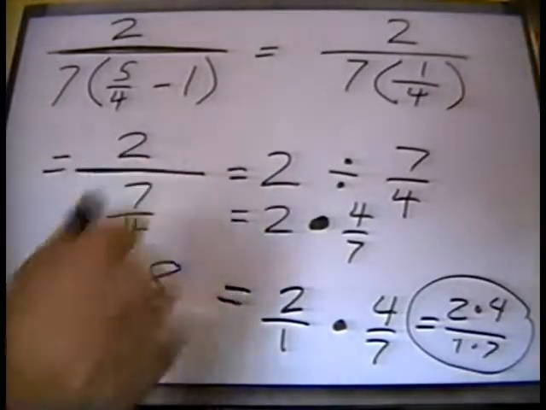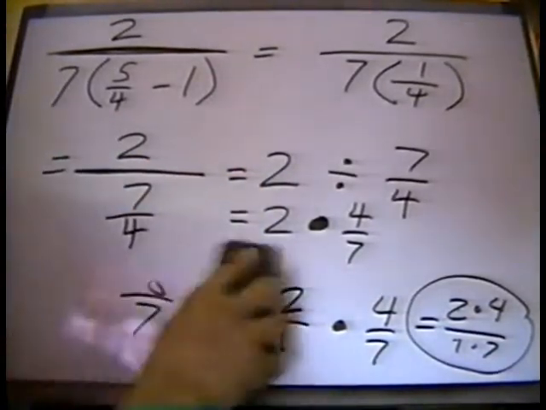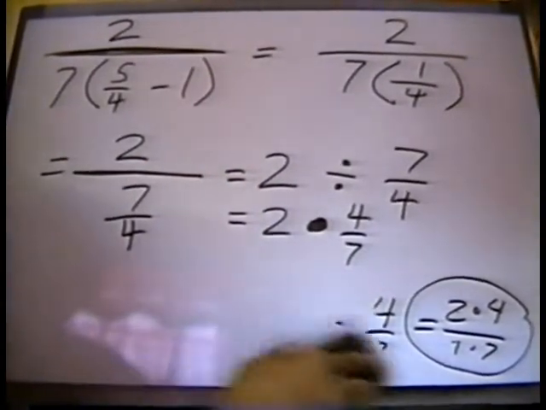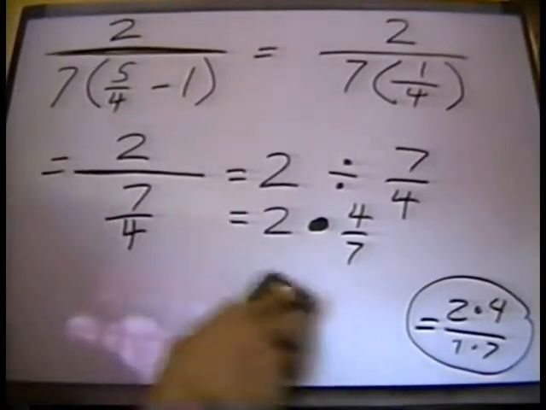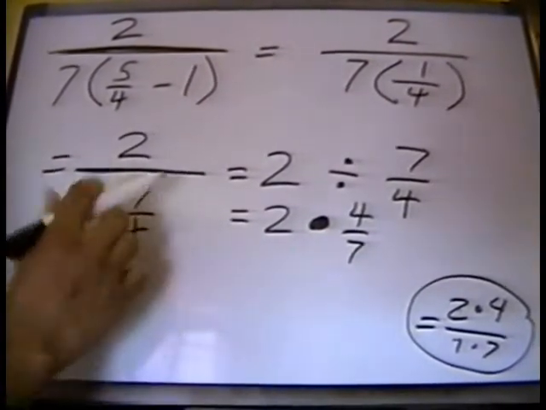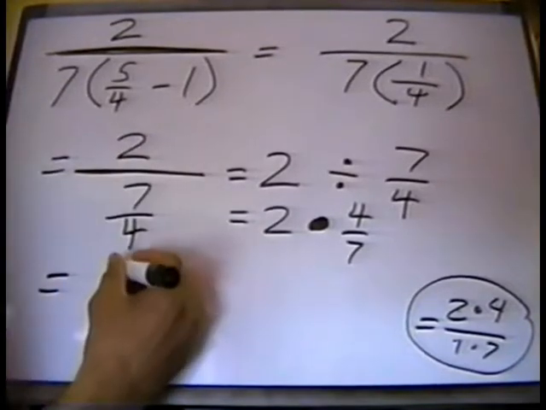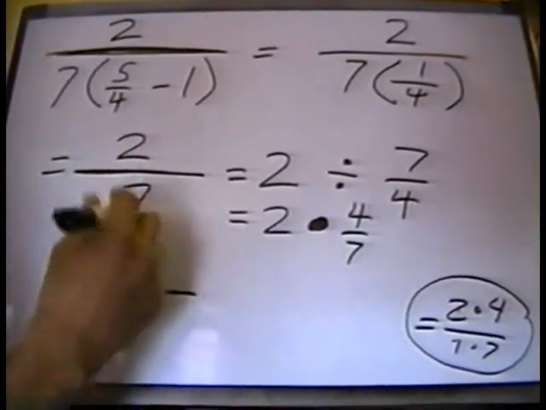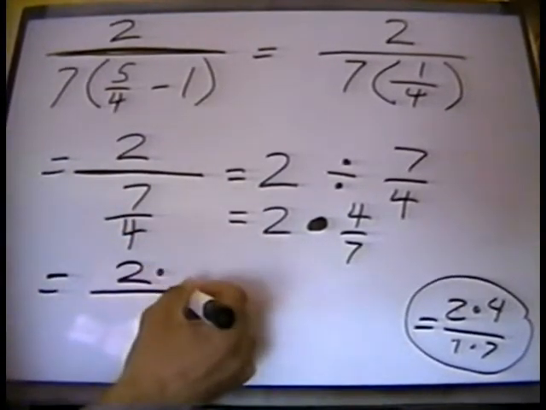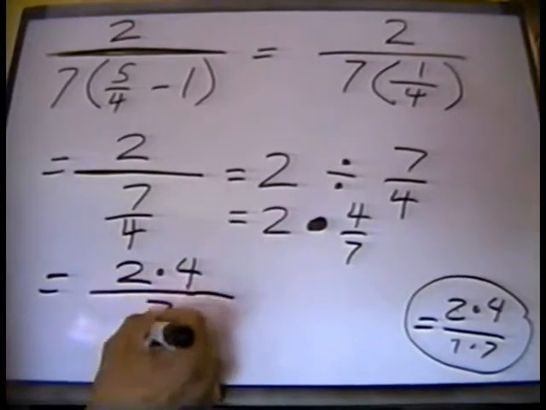So here, this is written as 2 by 4 over 7.